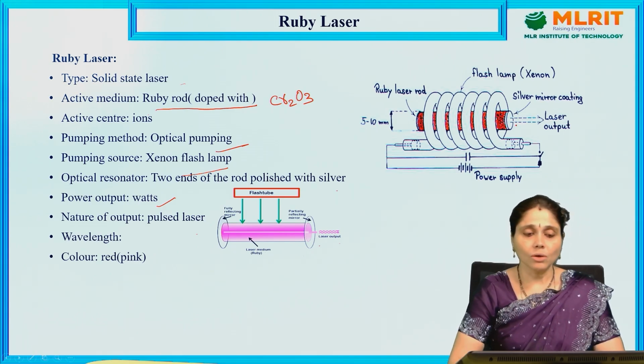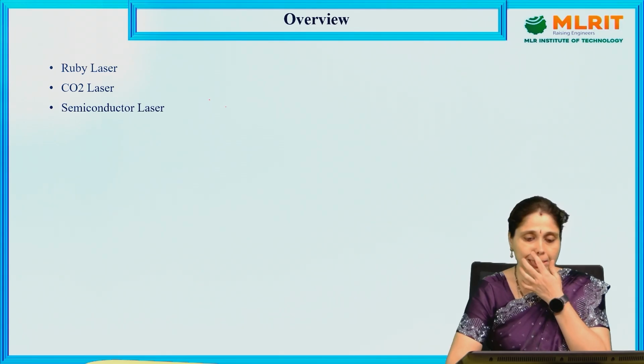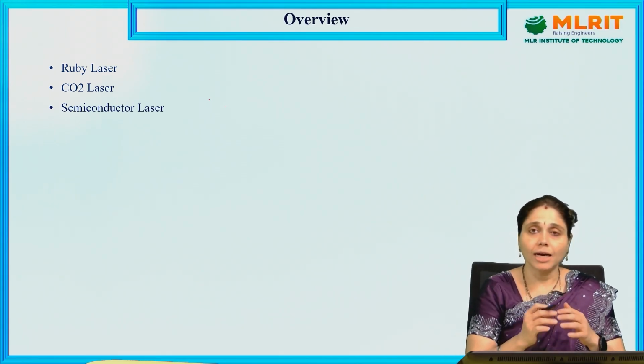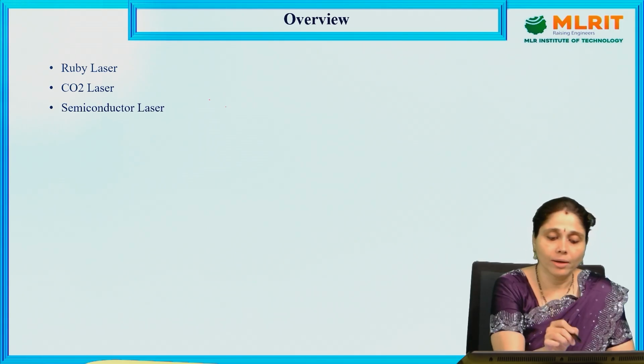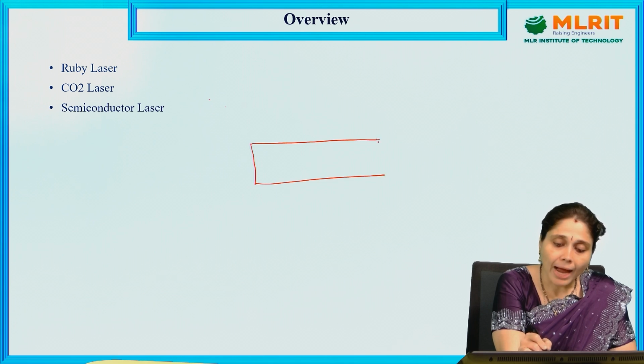Okay, so before going to learn about ruby laser clearly, let us see how the active medium will be there and all. So, how to produce a laser light? A laser light will be produced by the active medium.